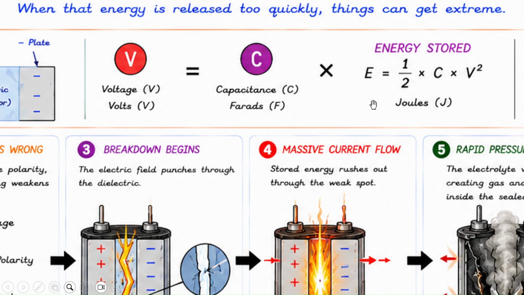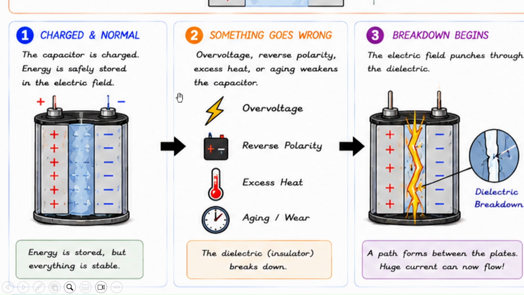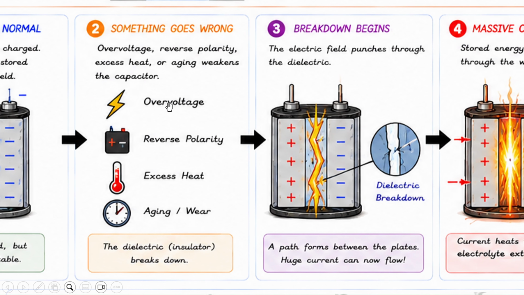So if we look inside any capacitor, let's say this is a very simple drawing of a capacitor, we have the two conductive plates, and we have the dielectric material, and it's normally charging. In case any of these scenarios occur, let's say an overvoltage, so it receives a voltage higher than the voltage it was designed for, or it gets heated, or the polarities are reversed.